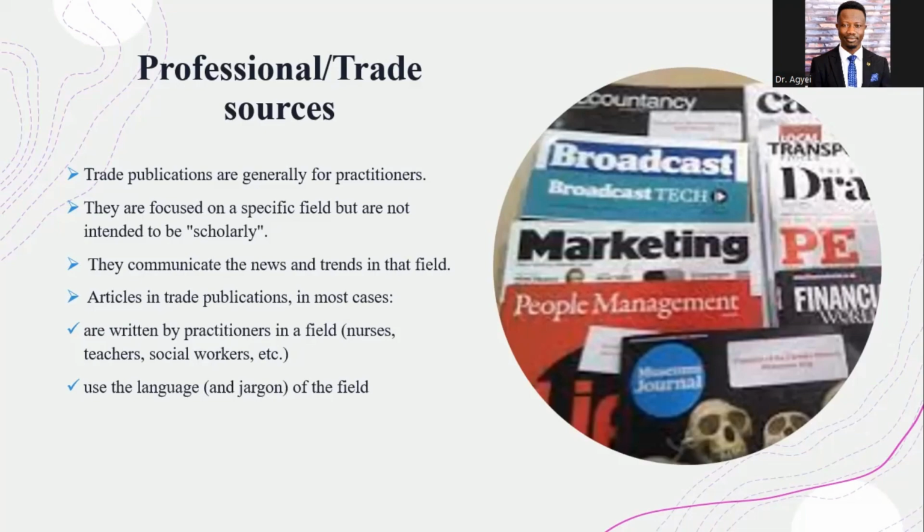Because if you look at academic writings, like peer-reviewed journals, it takes months and months before some of the publications come out. But professional and trade sources usually come up with data and information, current trends within that field. So it will help you read those things, and it will shape the kind of studies you are doing.